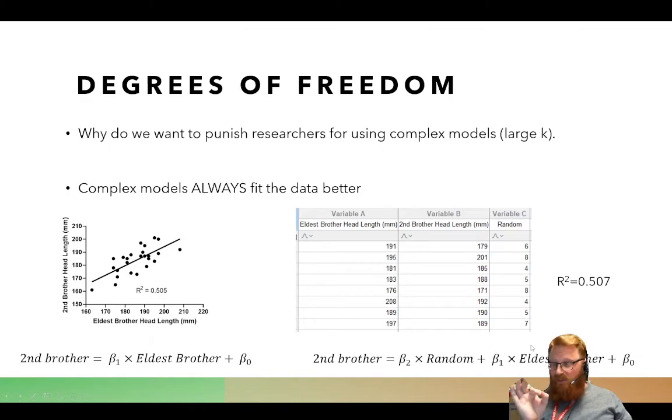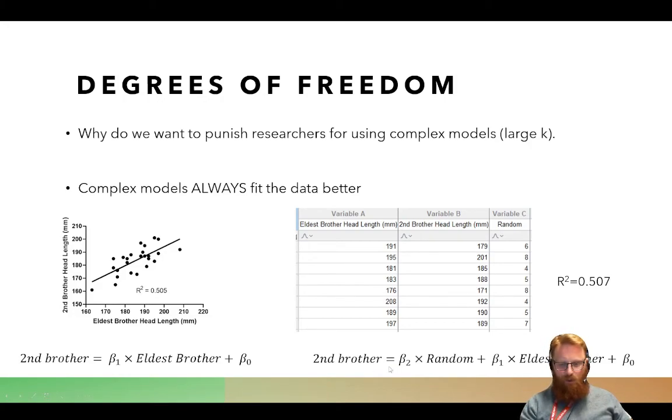However, if there's even the tiniest hint where one of these random numbers goes up, where the second brother's head length went up a little bit, then this coefficient can become positive, and it can help explain a little bit of variance. So at worst, it doesn't make things better, but it always is going to make things a little bit better.